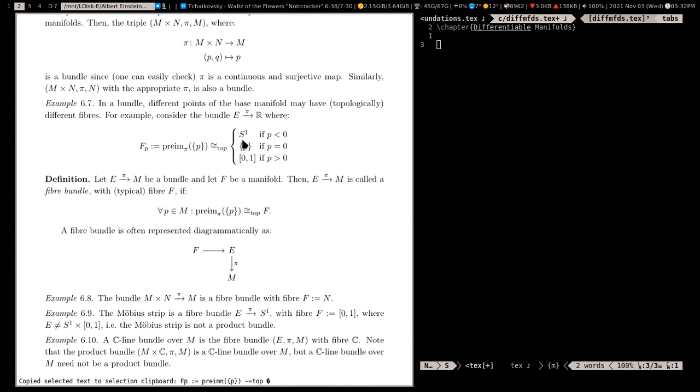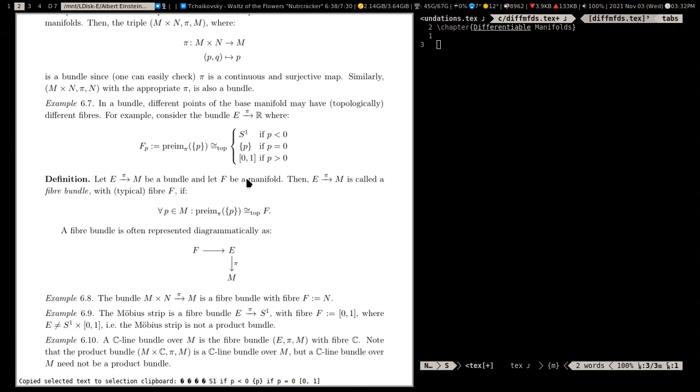It's going to be homeomorphic to the singleton {p} if p is equal to 0. And if p is positive, then it'll be equal to the unit interval in the real line. So this is just a case where if you take a point in the base, you'll have different things in the fiber.